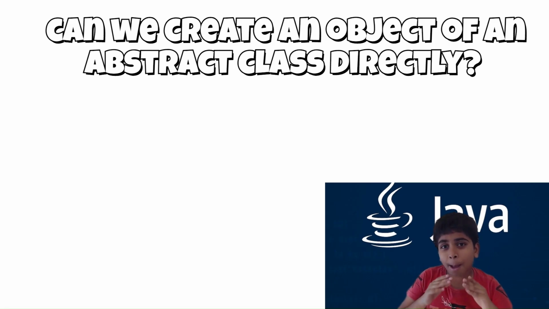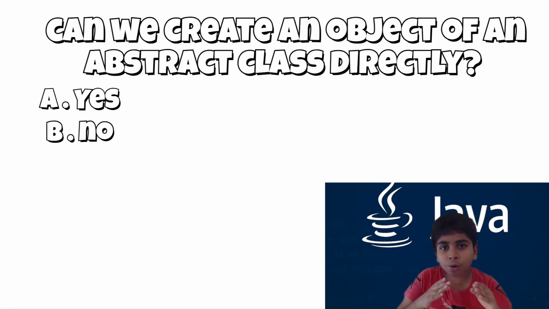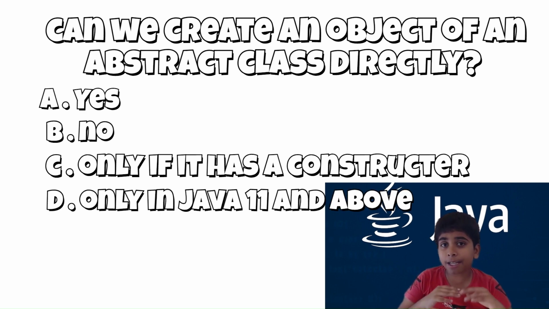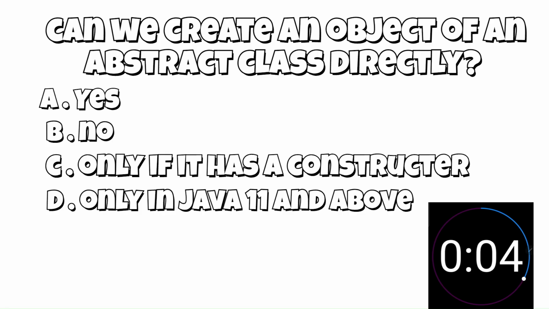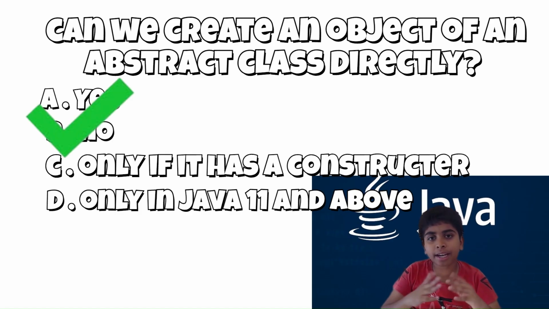Question number 2. Can we create an object of an abstract class directly? A. Yes. B. No. C. Only if it has a constructor. D. Only in Java 11 and above. If you said the answer is B, you're correct.